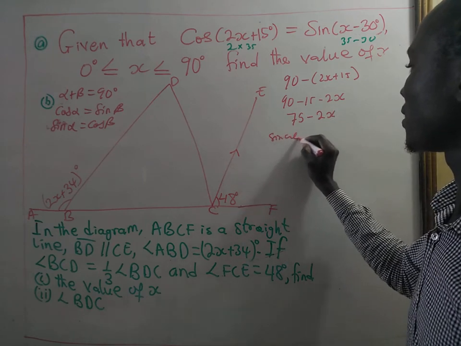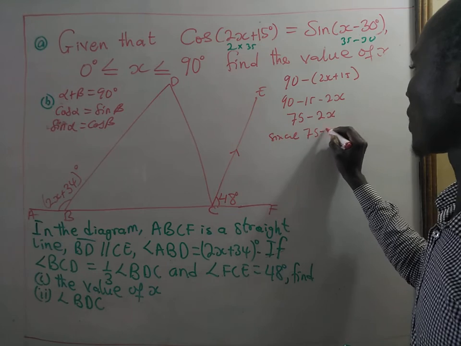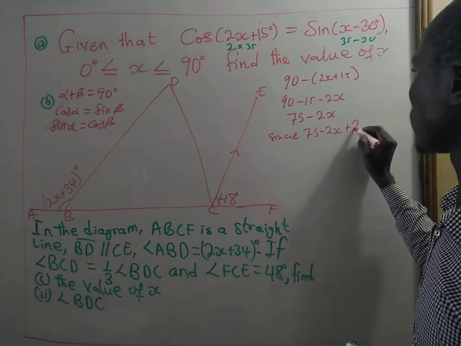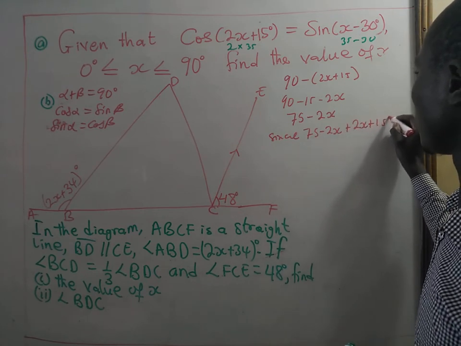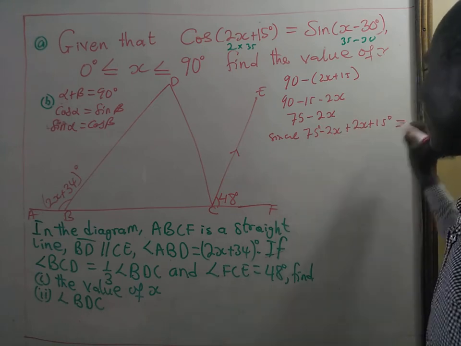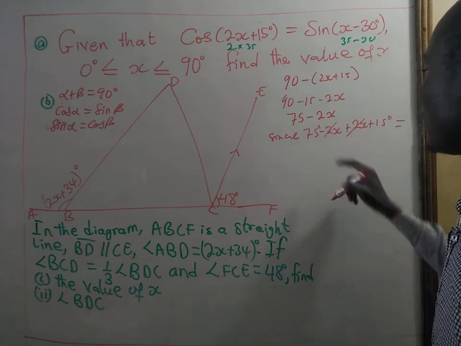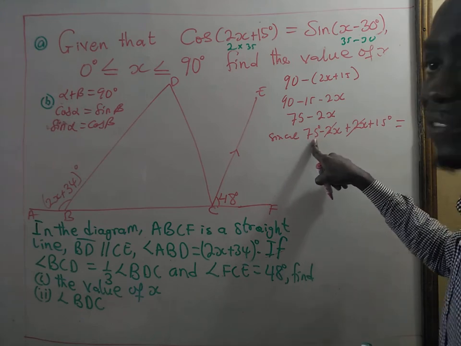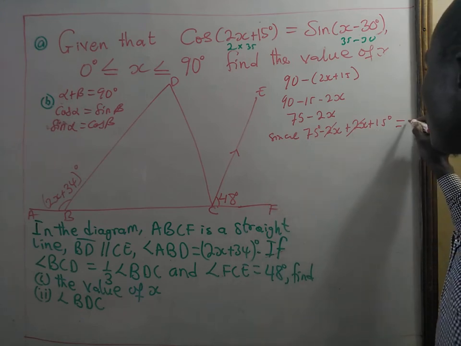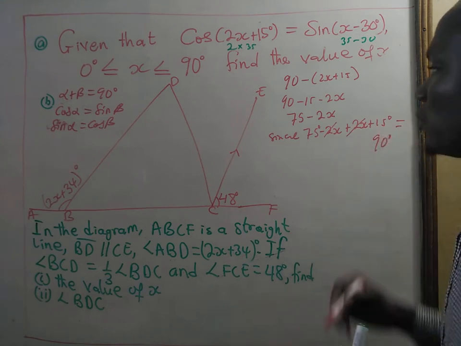So, since 75 minus 2x plus 2x plus 15, let's check what the answer gives. Minus 2x will cancel 2x. 75 degrees plus 15 degrees will give us 90 degrees.